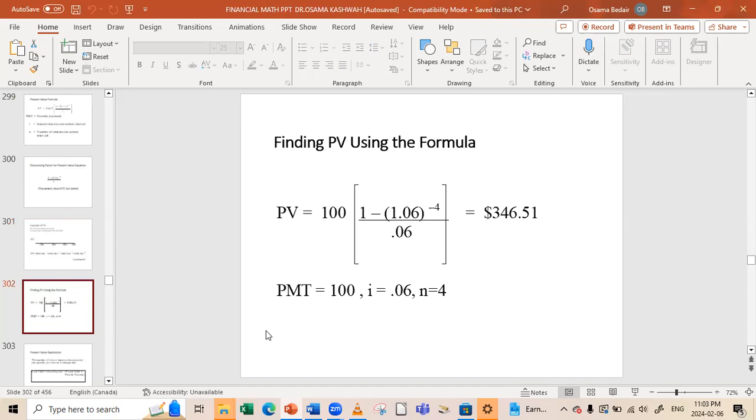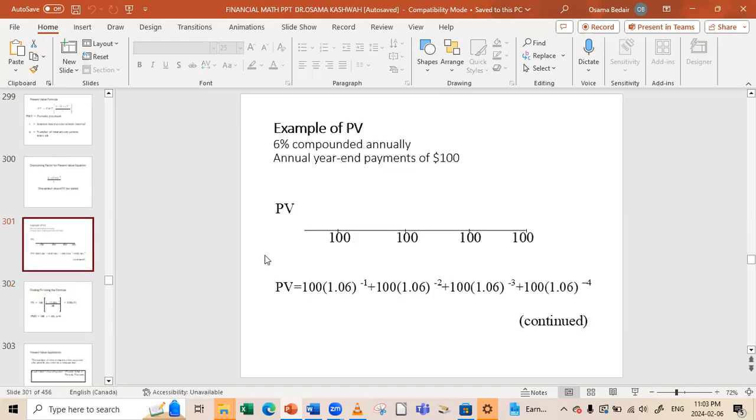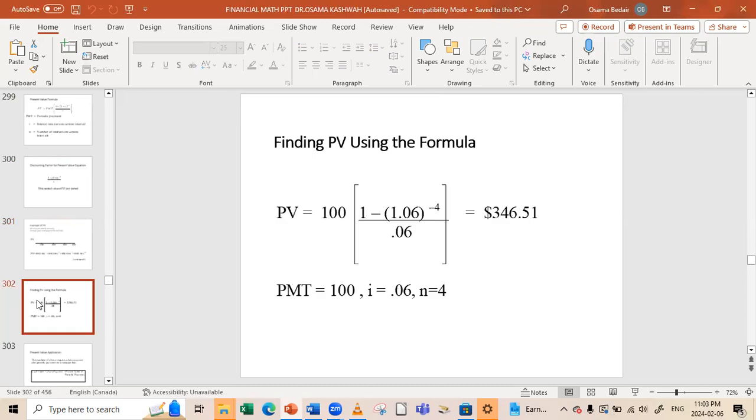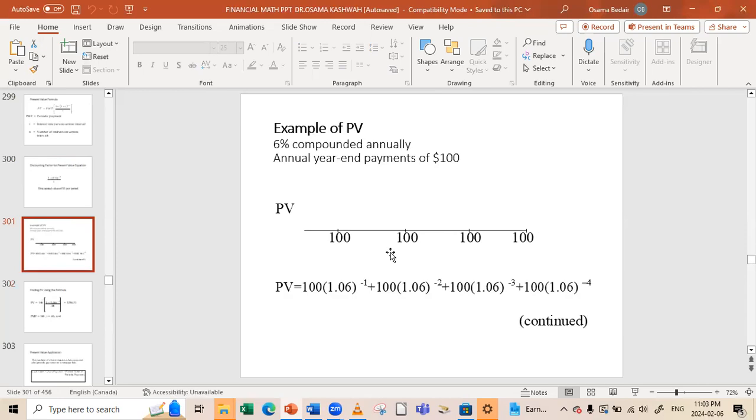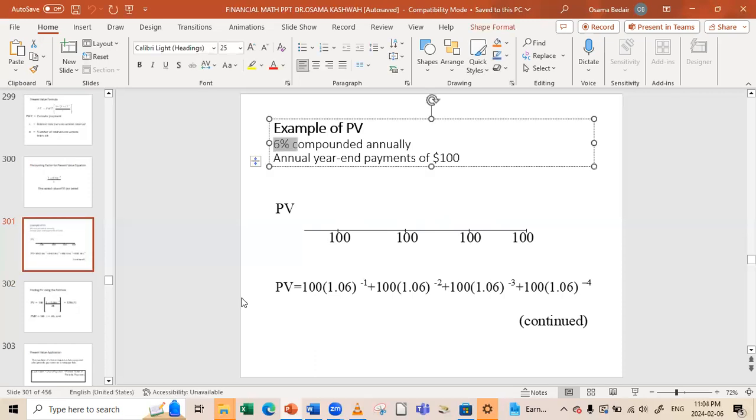sign. But instead of doing it this way, I can use a shortcut as long as the annuities are similar. The annuities here are similar: $100, $100, $100, $100, and the interest rate does not change, which is 6%.